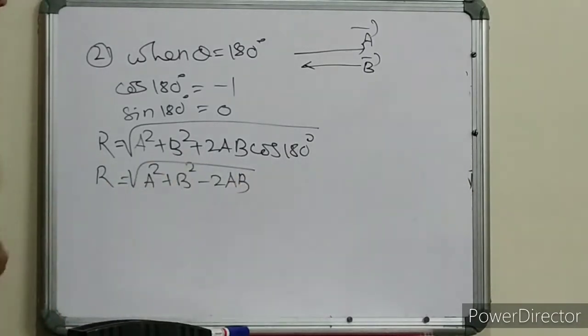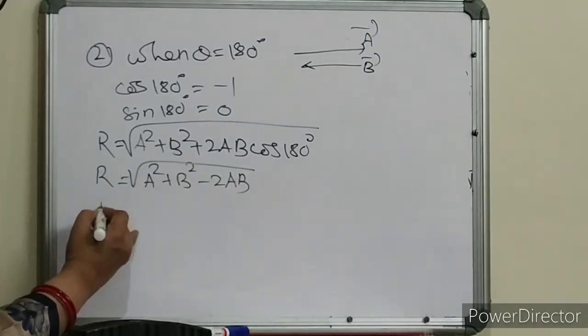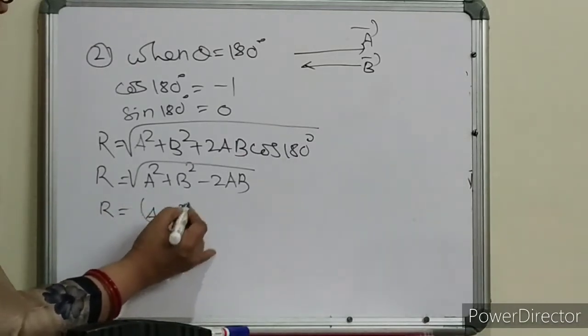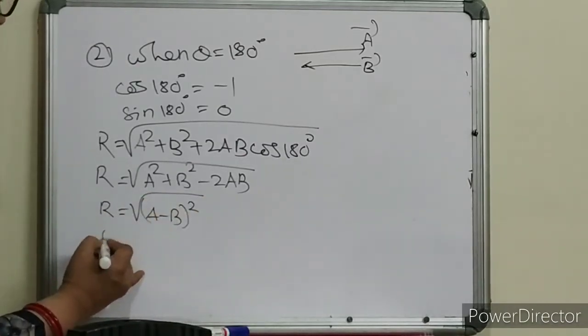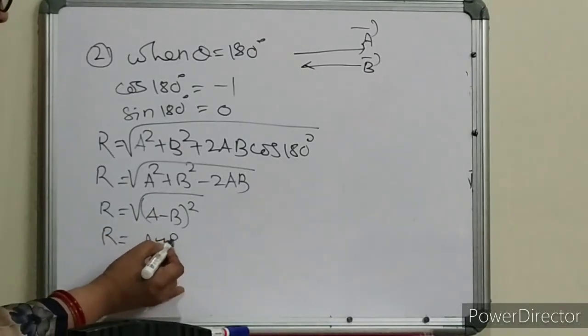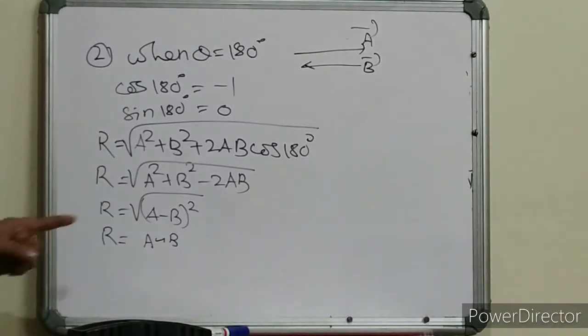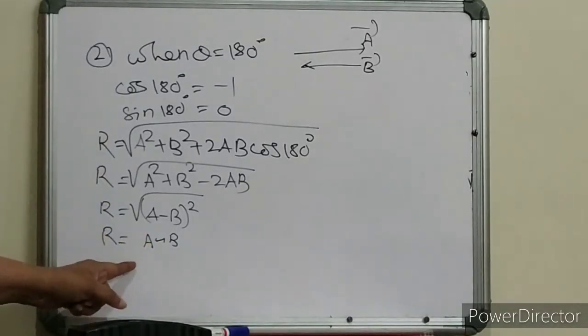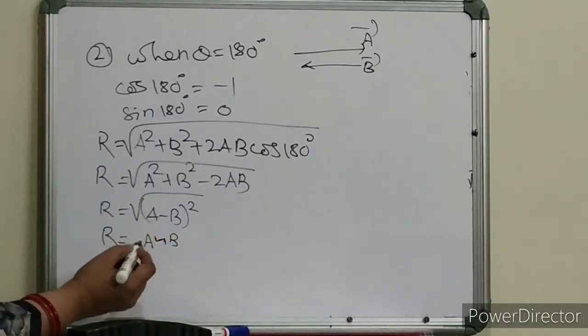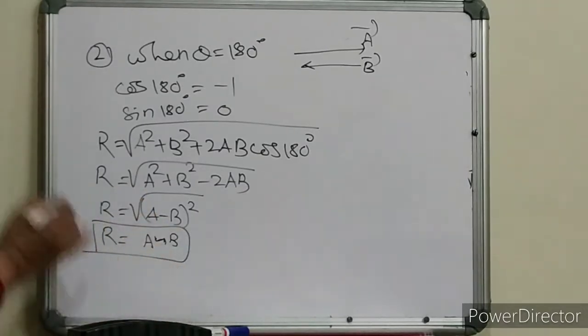Okay? So R is equal to, this is the formula of a minus b whole square, under the square root, children. So your R will be the difference of a and b. We don't know which vector is the bigger one. We are interested in positive values only. Clear children? So we can write a minus b or the difference.